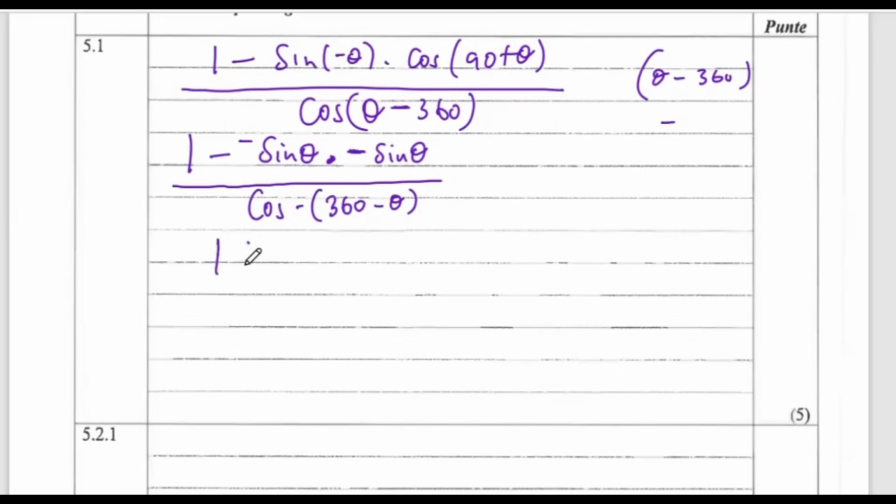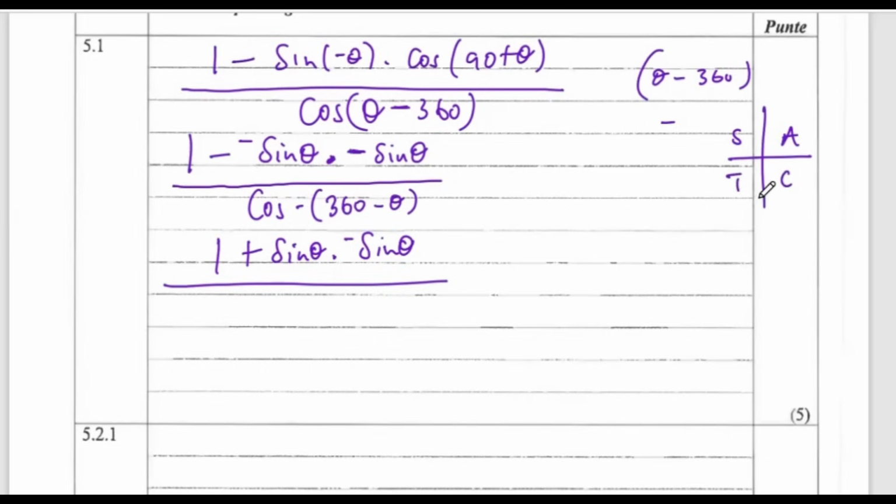Simplify that, we're going to have 1 plus the sine of theta multiplying by negative sine theta over cos of 360 minus theta. Where is it in the quadrants from your CAST diagram?